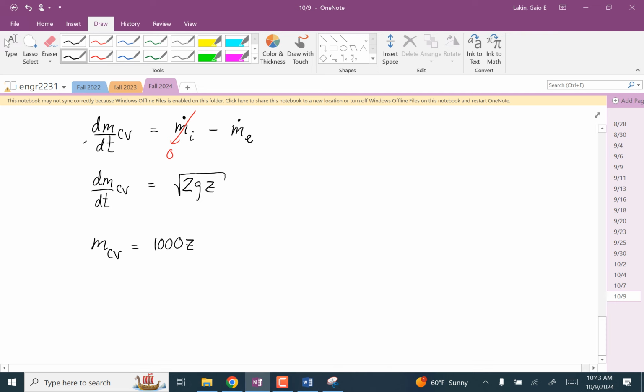So this equation becomes the time derivative of 1,000 Z is equal to the square root of 2gz.